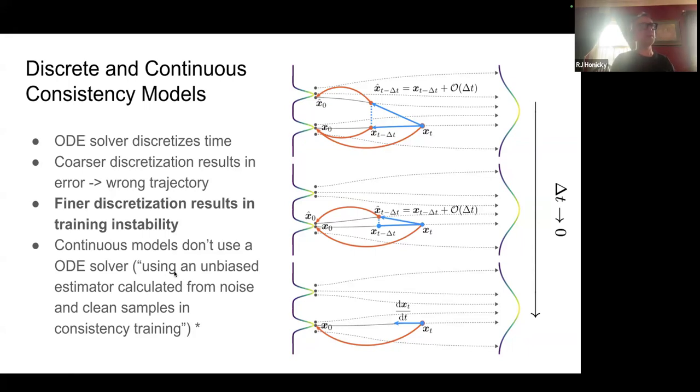They do reference using ODE solvers in certain steps in the paper, but they're not essential to the process here, I think is the point they're making. And this unbiased estimator, they don't give any information on how to do this. I think what they mean is an empirical estimation of the marginal distribution, but they left that as an exercise to the reader or somewhere in the appendix that I didn't see.